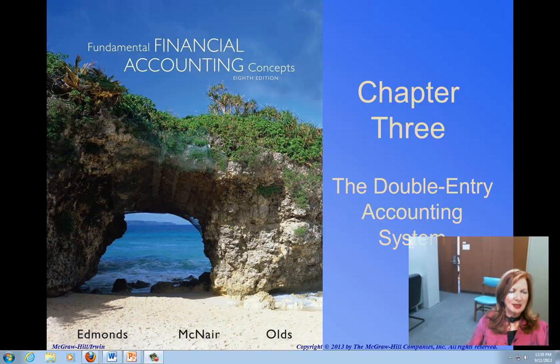You saw claims transactions on page 67. And so you begin to see the entry again in the T account form, debit on the left, credit on the right, and then the theory of debits and credits as making that account go up or down.